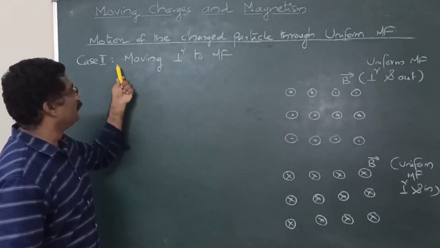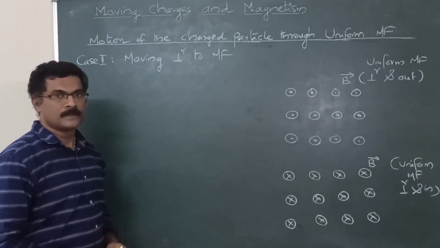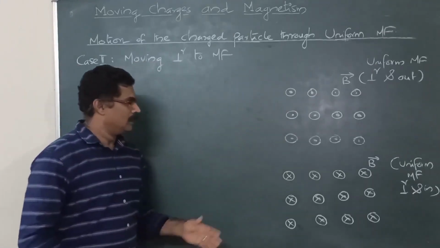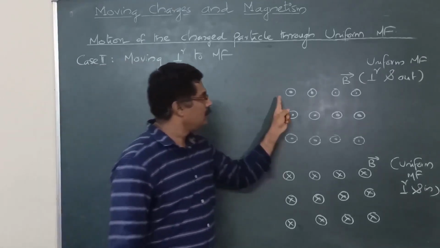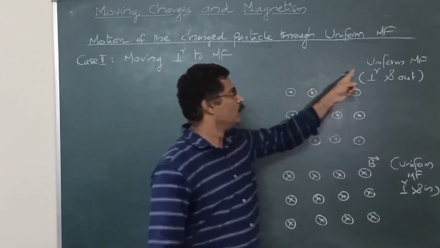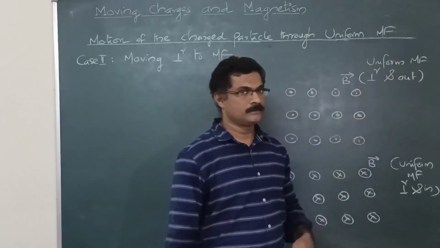moving charged particle moving perpendicular to the magnetic field. Here you can see two figures. One is the magnetic field represented by dots, meaning uniform magnetic field perpendicular and outward.